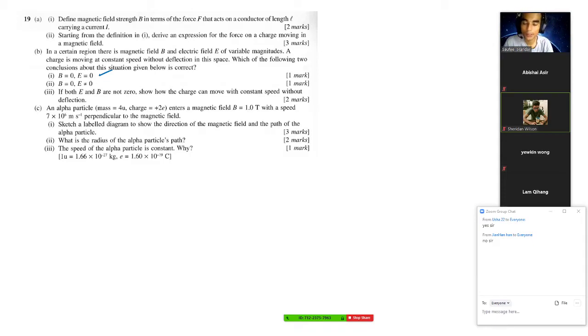For number one, in a certain region where there is a magnetic field and electric field of variable magnitudes, a charge is moving at constant speed without deflection in space. Which of the following conclusions is correct? B0, the magnetic field is 0 and the electric field is also 0.